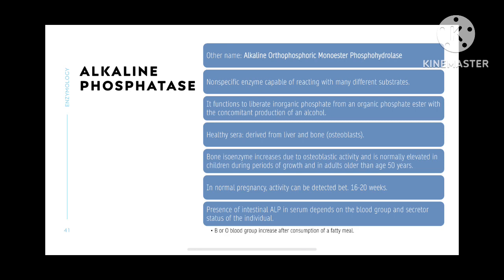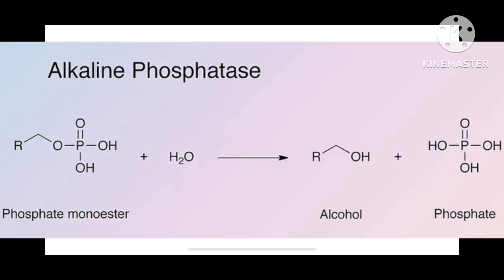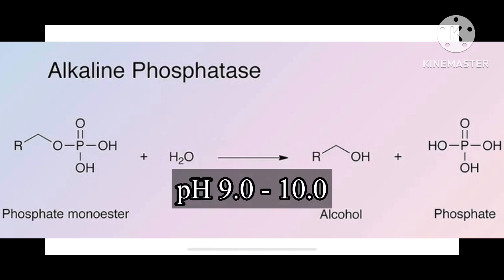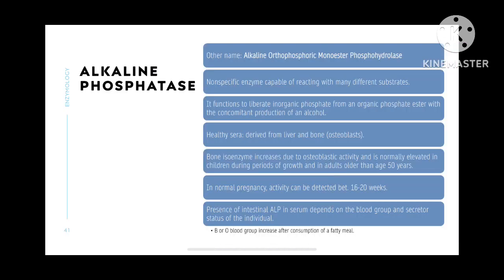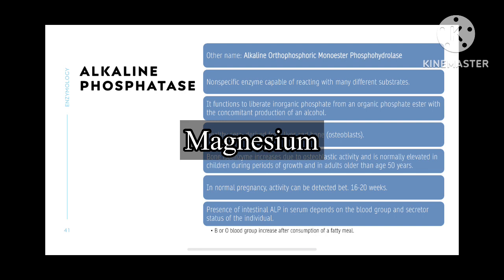Specifically, alkaline phosphatase functions to liberate inorganic phosphate from an organic phosphate ester with the concomitant production of an alcohol. The optimal pH for this reaction is 9 to 10, but optimal pH varies with the substrate used. The enzyme also requires magnesium as an activator.